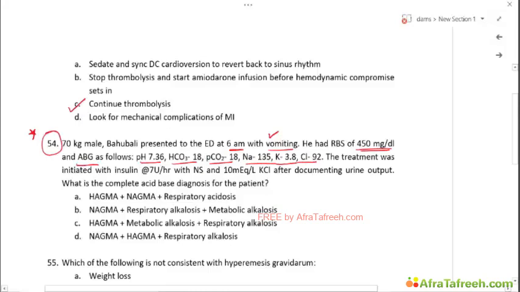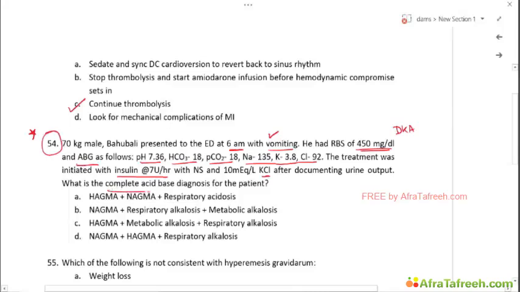The treatment was insulin. Probably the provider who saw the ABG thought of DKA, and the treatment was initiated with insulin at 7 units per hour with normal saline and KCL. As we have previously discussed, the various priorities of starting a treatment in a patient with DKA.